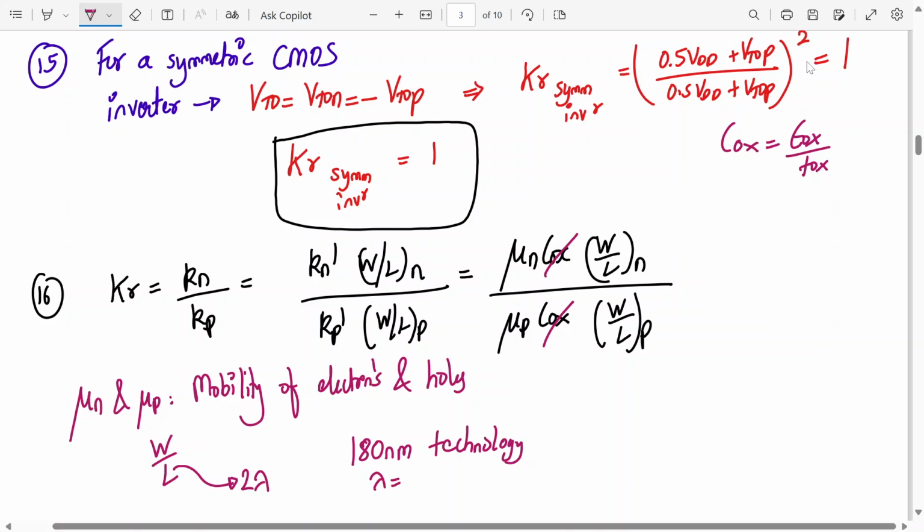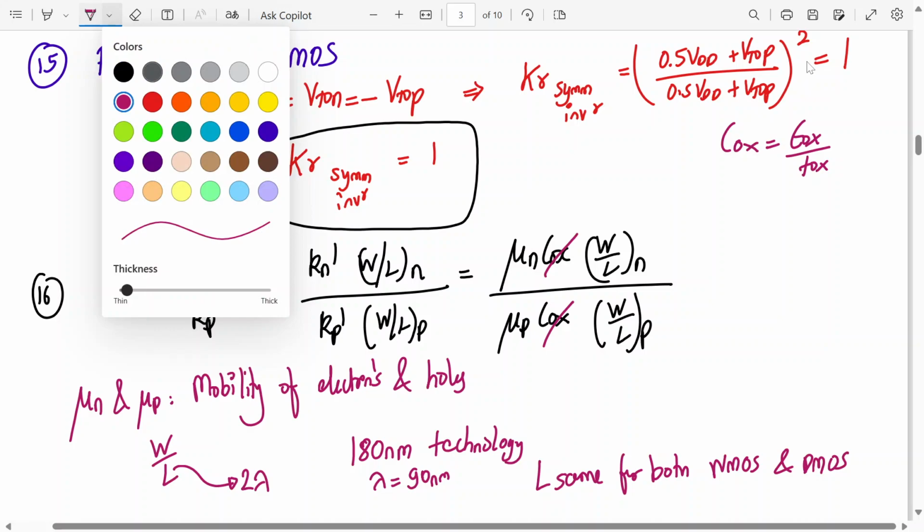So lambda is 90 nanometers. So L will be 180 nanometer technology. Alright. Are you understanding? So lambda is 90, L is same. So normally L is same for both NMOS and PMOS.